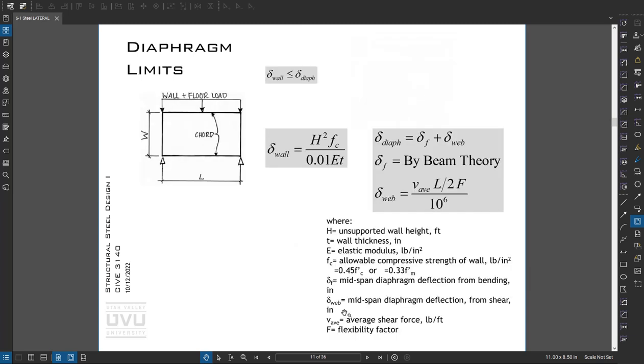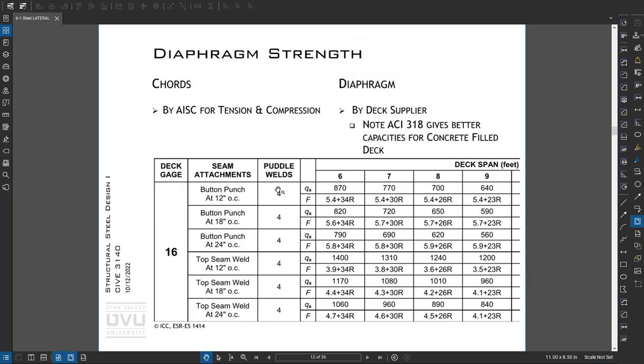We can come to a table like this. This is from an ICC report. The metal deck manufacturers all have this kind of information. So you can work through what your seam attachments are, what your deck attachments are to the steel below, and then come up with your flexibility factors.